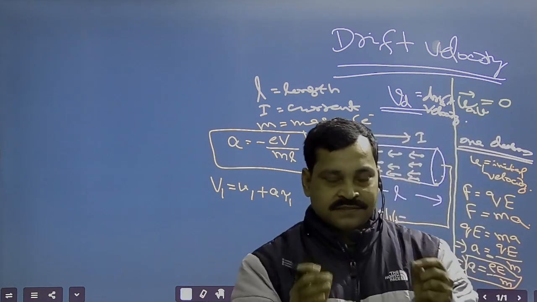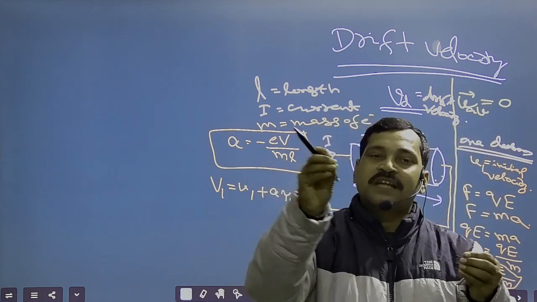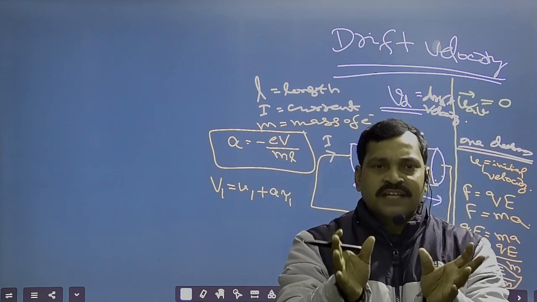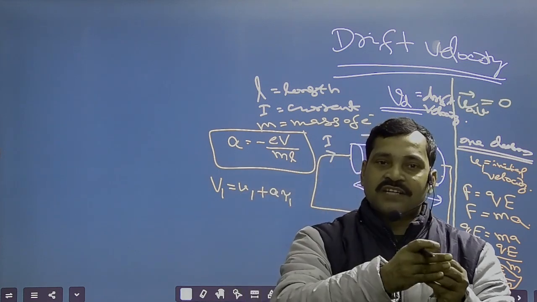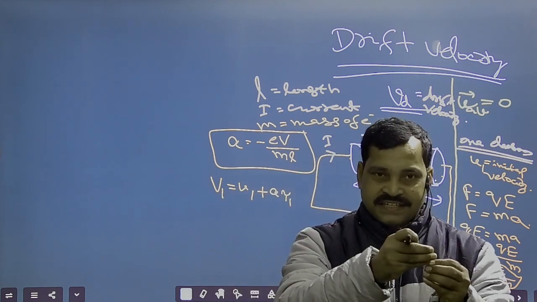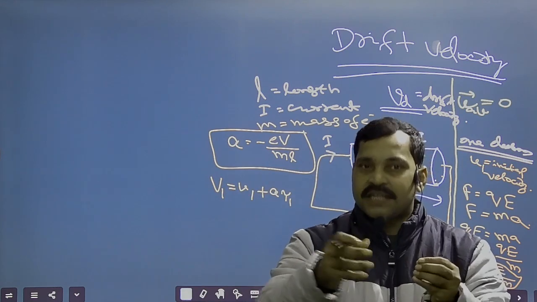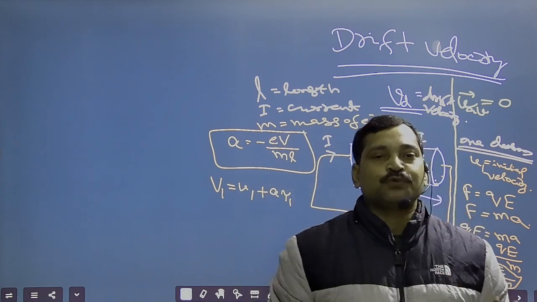Relaxation time means, when the electrons are moving, there are a lot of electrons inside the conductor: one electron, second electron, third electron. When an electron drifts on its way, it will collide with other electrons also.